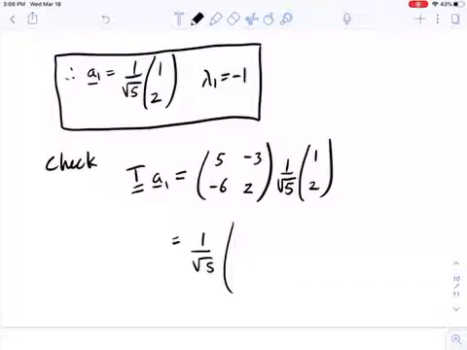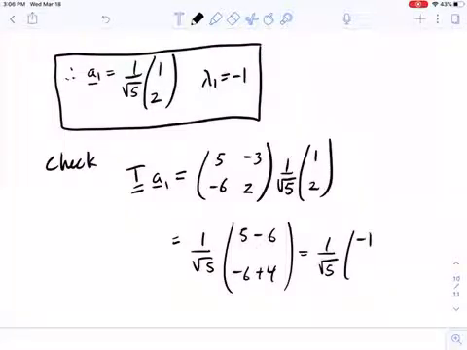We get 5 minus 6, and then we get minus 6 plus 4, which is 1 over root 5 times minus 1 and minus 2.